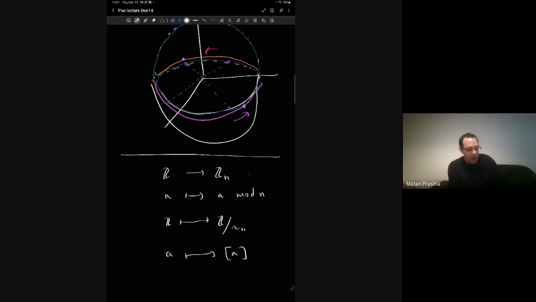And we said that I have an isomorphism, let's say from integers modulo n to integers divided by the equivalence relation.